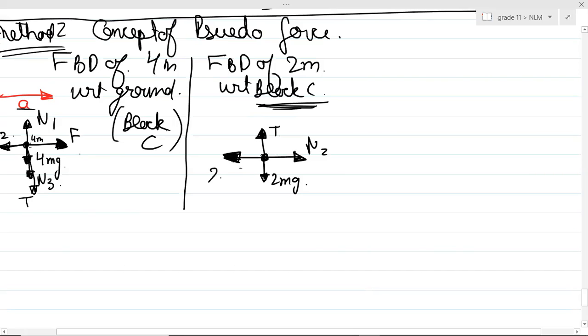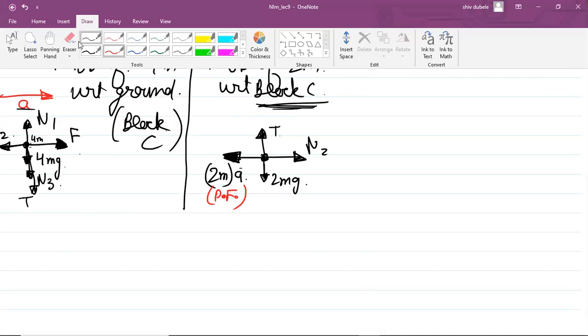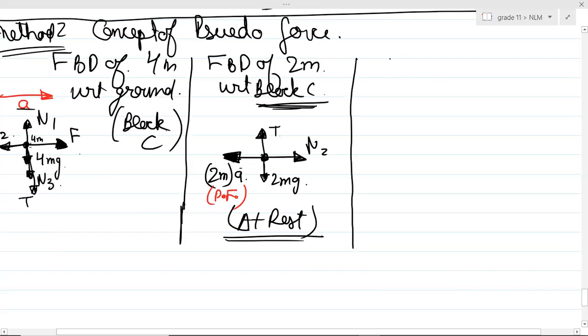So I'll write this 2MA, the mass of the object multiplied by the acceleration of the observer A. This is a pseudo force acting on this block, and this whole thing is at rest with respect to block C. Compare the free body diagram of 2M with respect to ground and with respect to block C, and you'll find the difference.